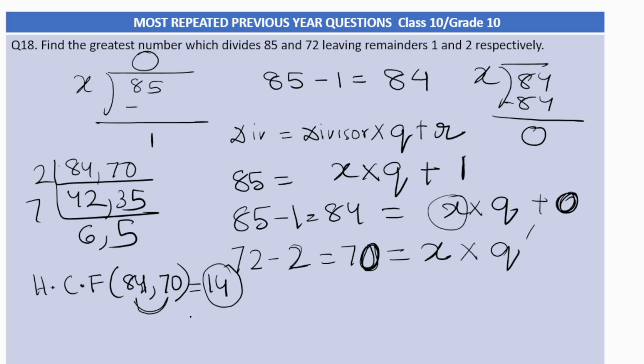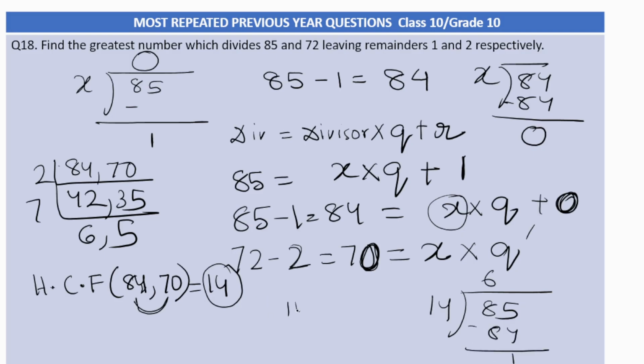14 is that number. Now let's check: if we divide 85 by 14, what do we get? 14 6s are 84, so we get remainder 1.